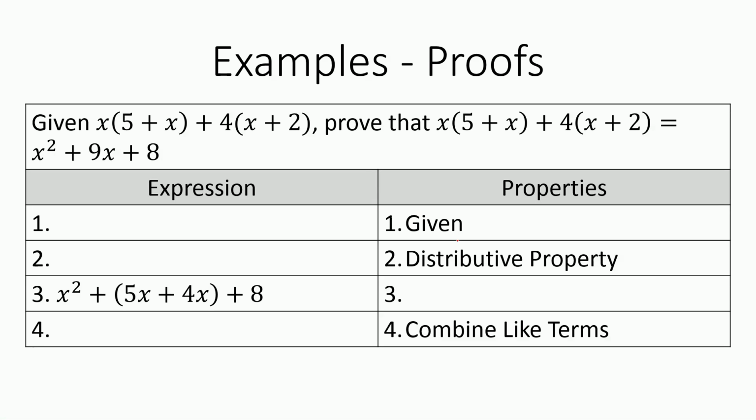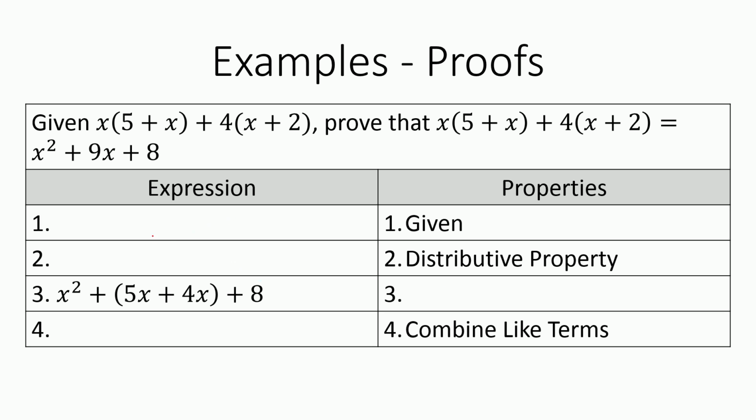So we're going to do some examples now, and this first example is an example of what we call a two-column proof. And the way it works is that the two-column proof shows a list of expressions, and then right next to it is the list of properties that allows me to write that particular expression.